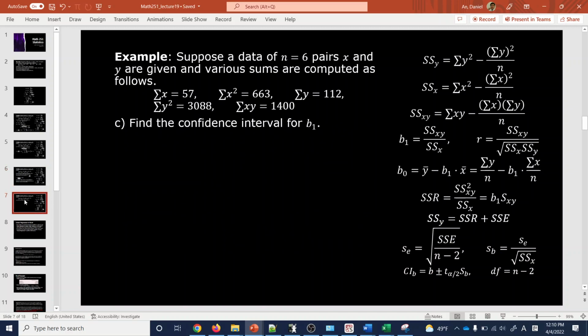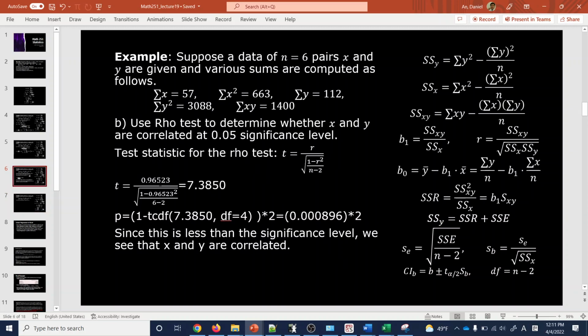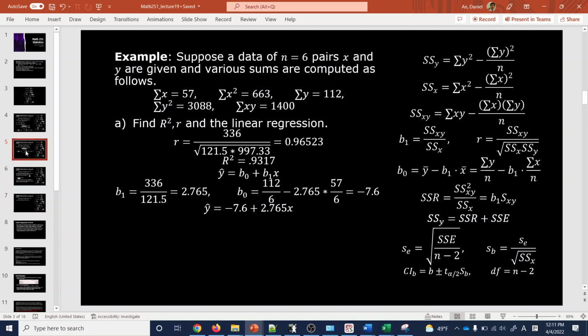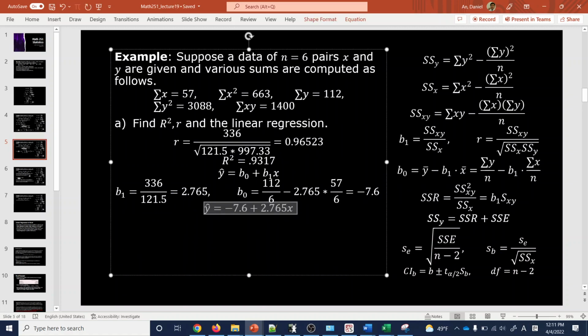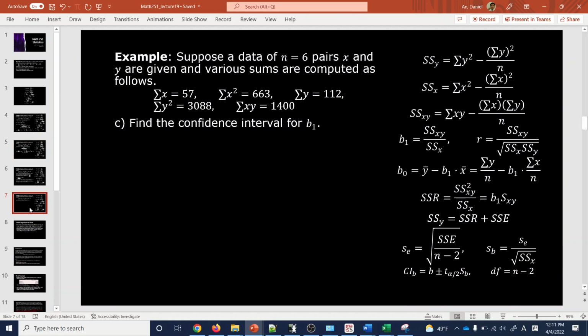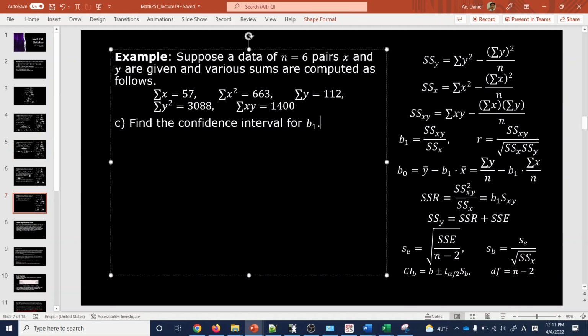All right. Now let's move on to part C. Here it says find the confidence interval for B1, and what this question is asking is the following. So here's our linear regression, but this is just from the sample, right?